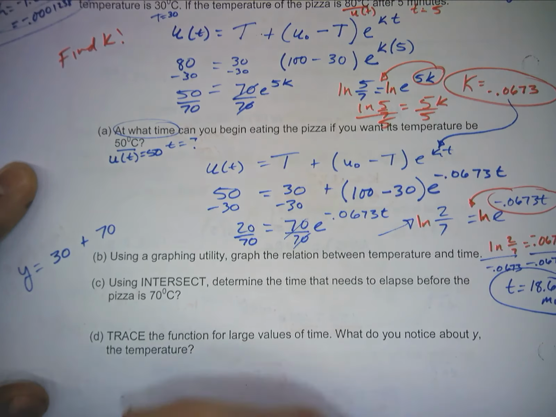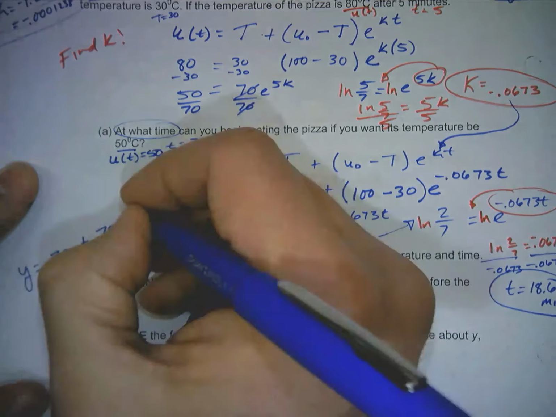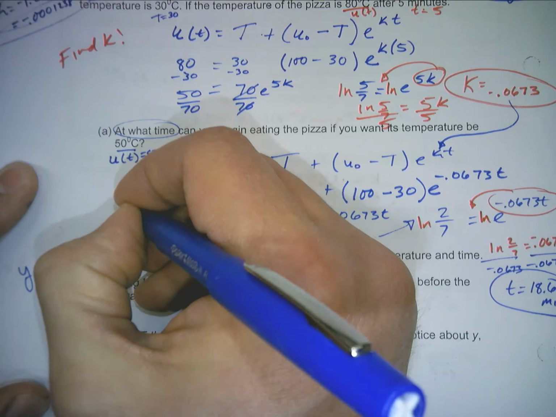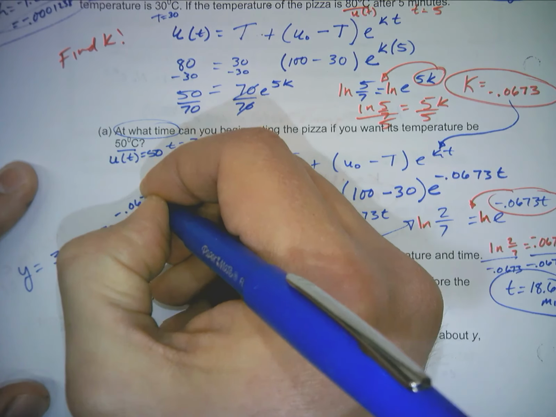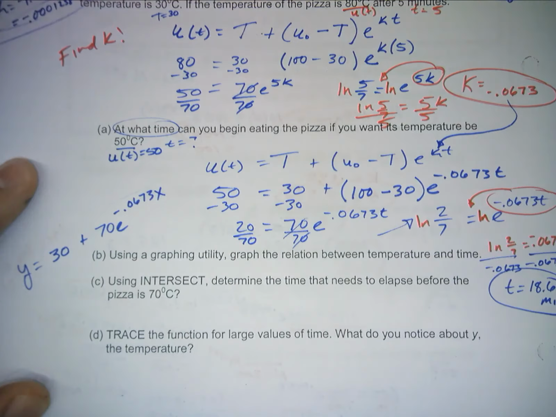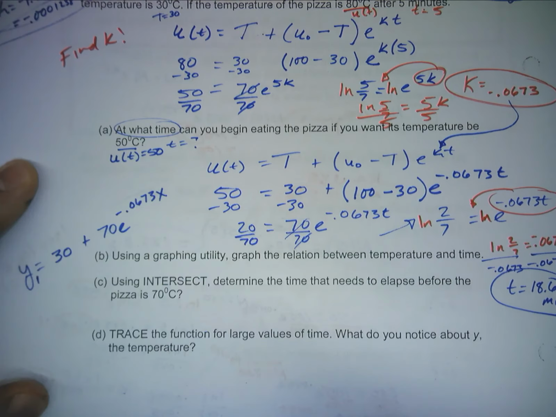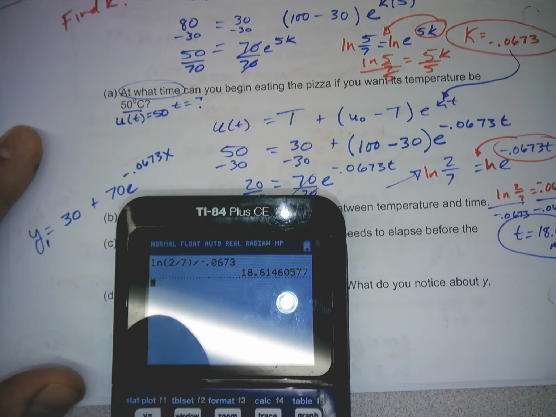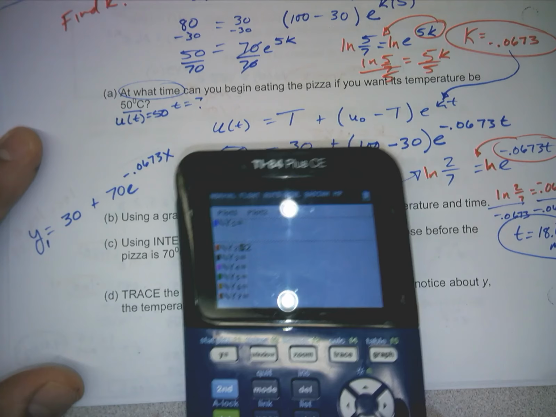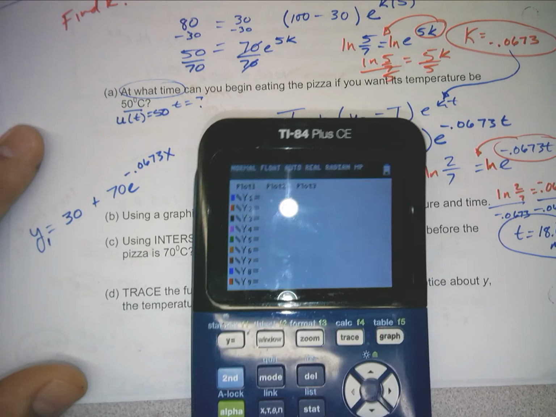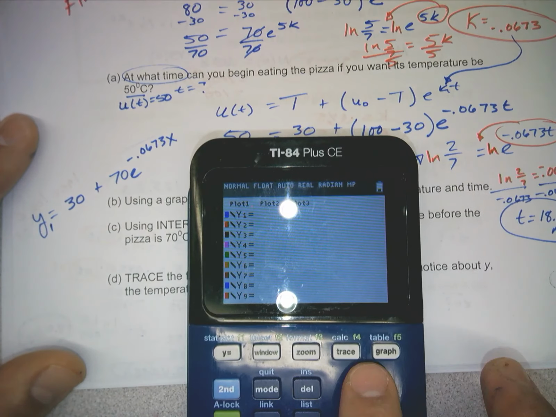And then I have e to the negative 0.0673 x power. Okay, so this is what I'm going to put in for y1. This is kind of neat when you throw it in the calc. So I'm going to go to y equals and throw this into y1.